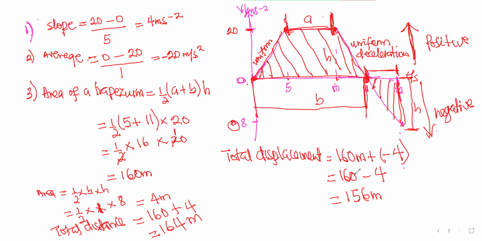So this is the total displacement. Class, are we okay? Yes, sir. So for displacement, you look for the positive area above, the total distance above, and then the total distance below the x-axis becomes negative. You subtract and you are good to go.